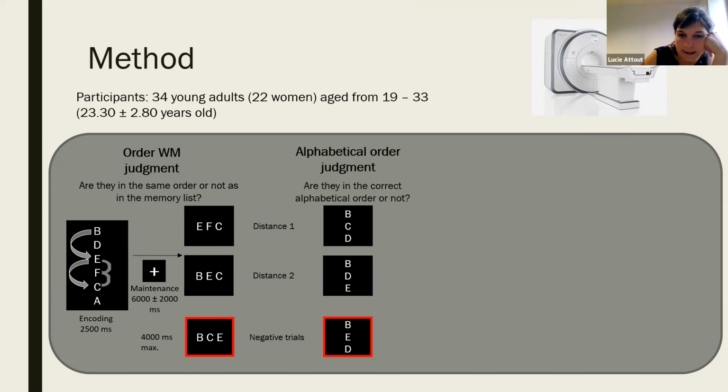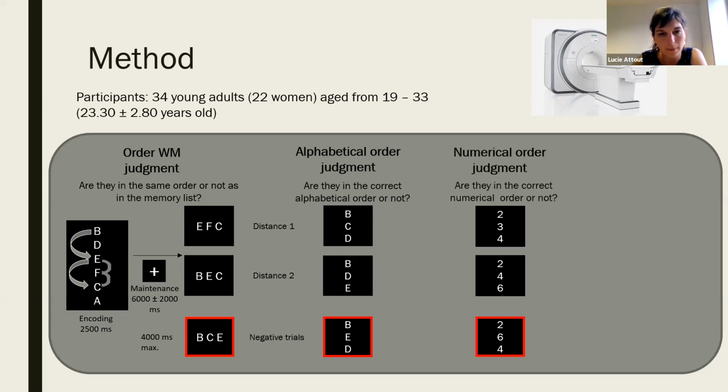For the alphabetical order judgment task, we simply asked the participant if 3 letters were in the correct alphabetical order or not. And again, we manipulated the distance between the letters, with consecutive letters or letters distant by 2 letters in the alphabetical sequence.